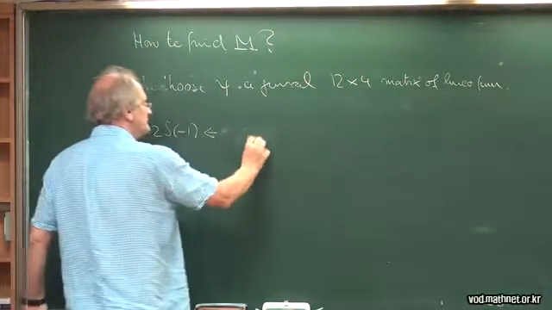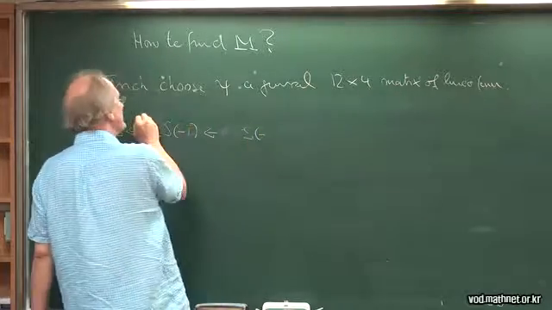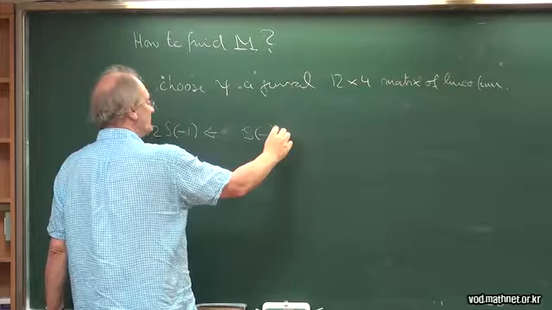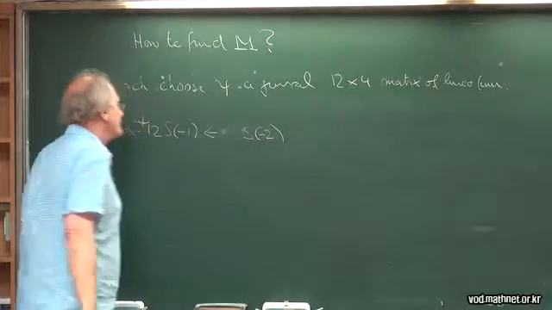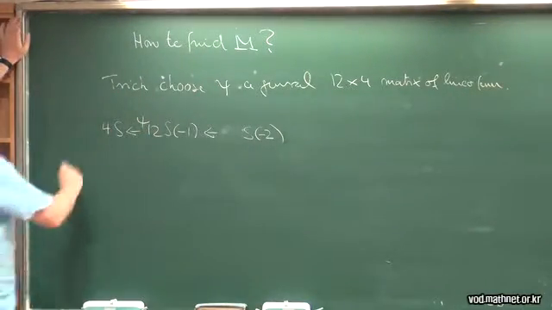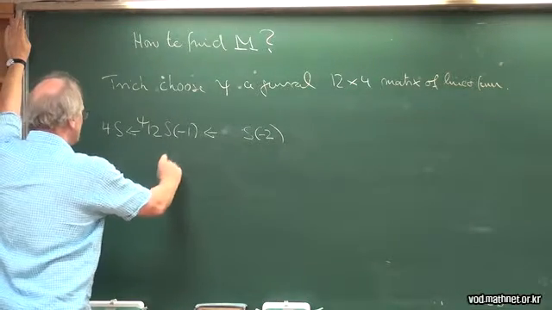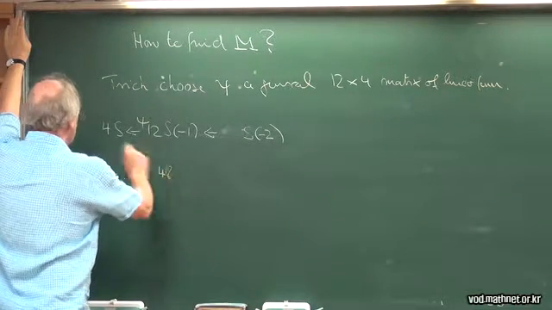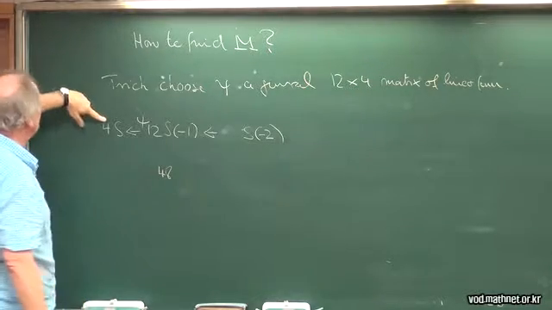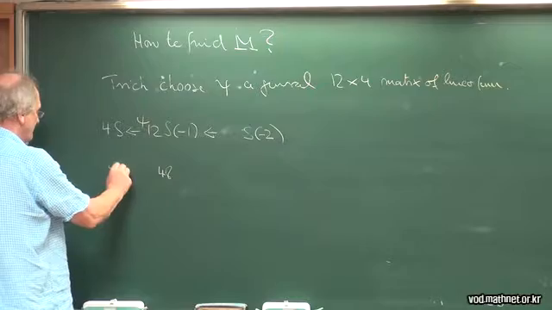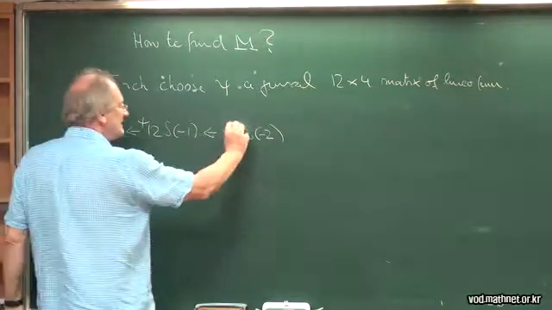How many syzygies will there be if this is general? So there will be some syzygies of degree 2, and how many are there? Well, we have here 48, and here we have 4 times 10, which is 40. So this will be at least 8.